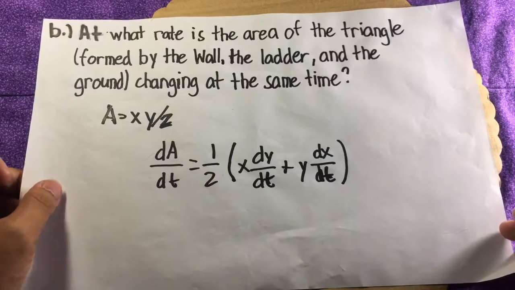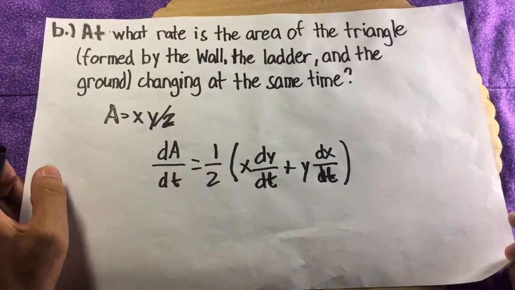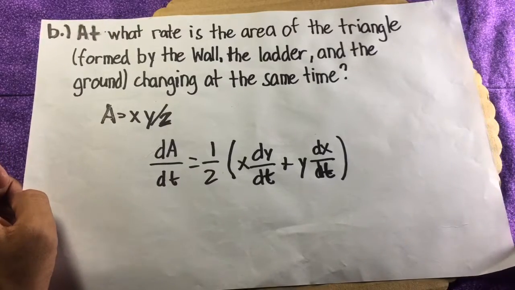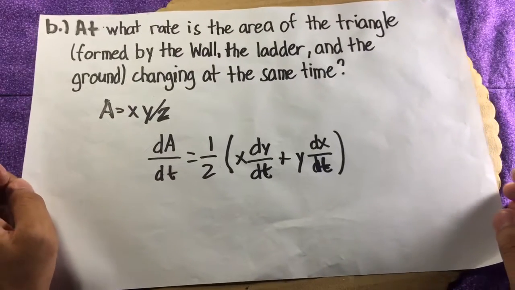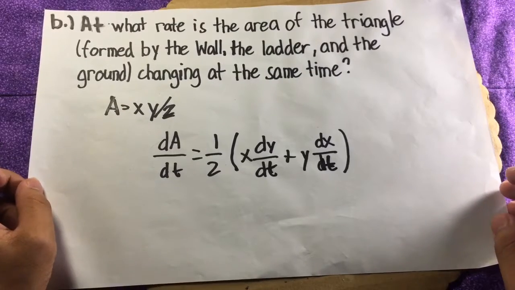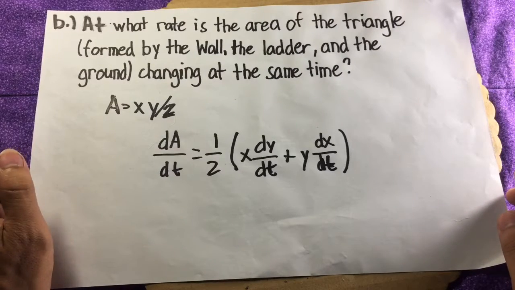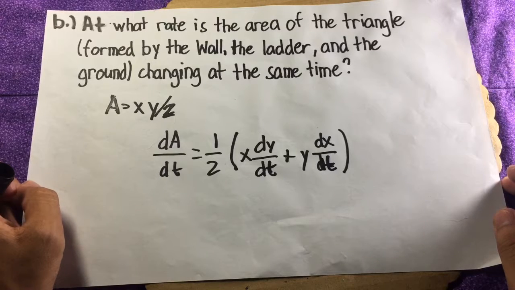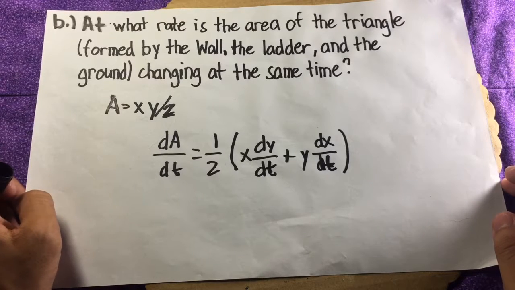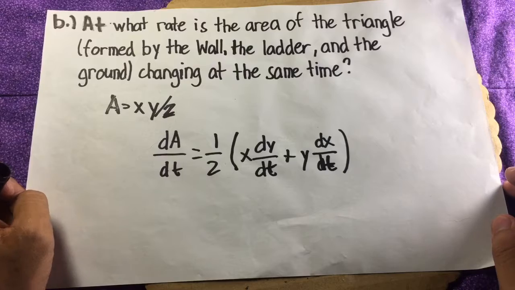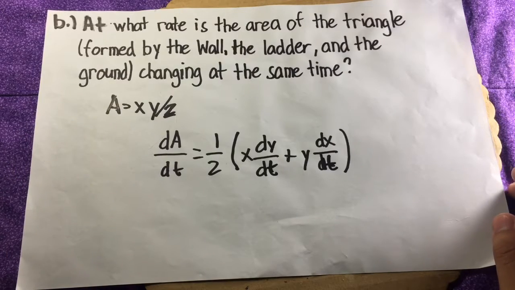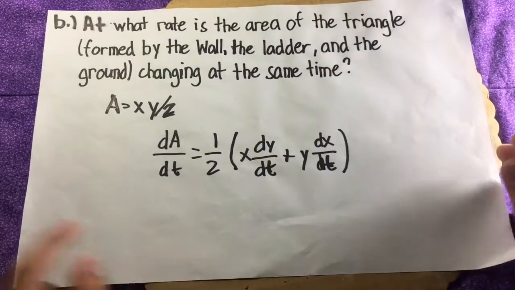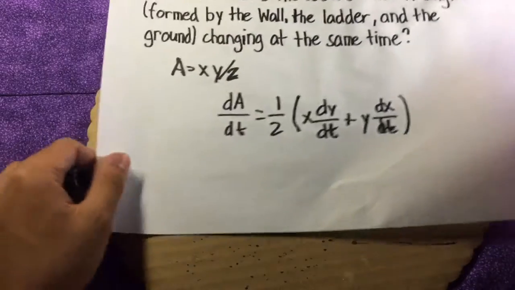So we are given that when x is 16, dx dt is equal to 12. We also found that at the same moment y is equal to 12 and dy dt is equal to negative 16. Substitute those values into the equation.